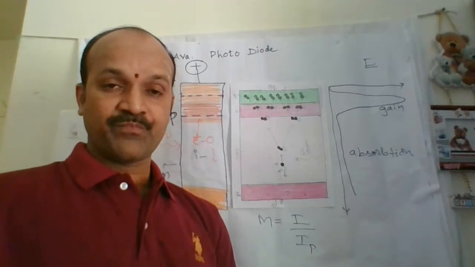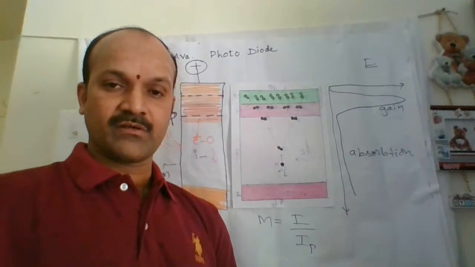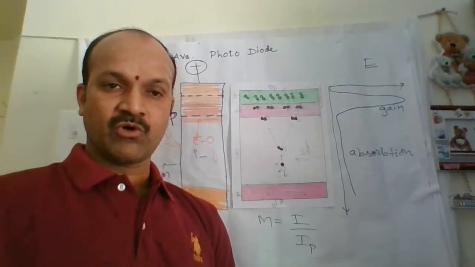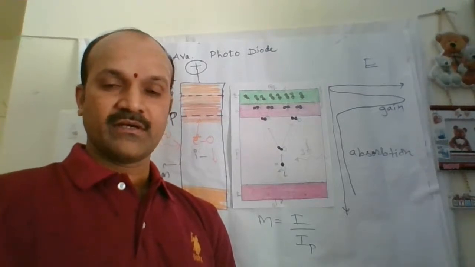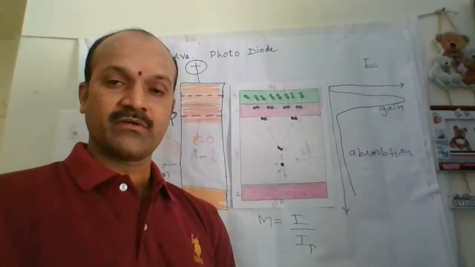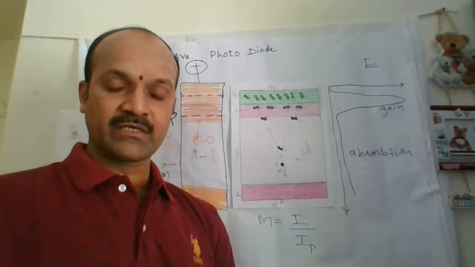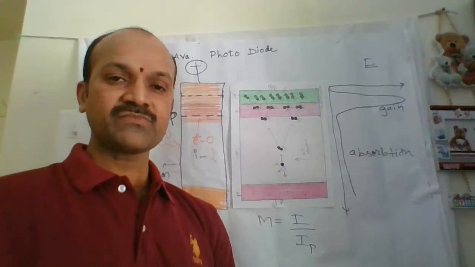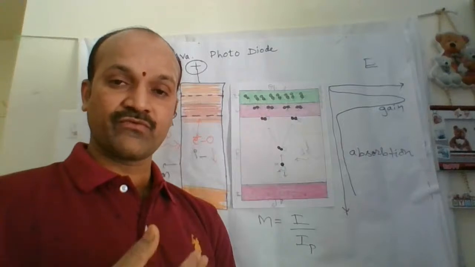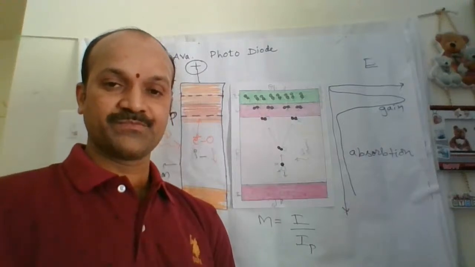So yesterday I discussed a very important topic, the avalanche photodiode. These photodetectors are generally prepared with semiconductor materials, and the main intention of a photodetector is detection of light.